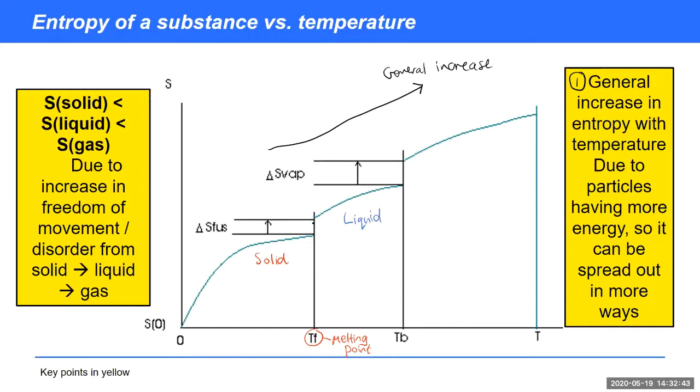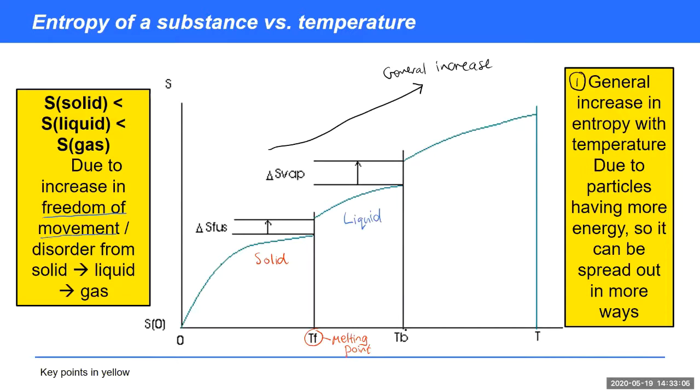We can see that there's this gap in entropy here, the so-called entropy of fusion. So the entropy of a liquid is bigger than the entropy of a solid because you've got more freedom of movement or more disorder when you go from a solid to a liquid.